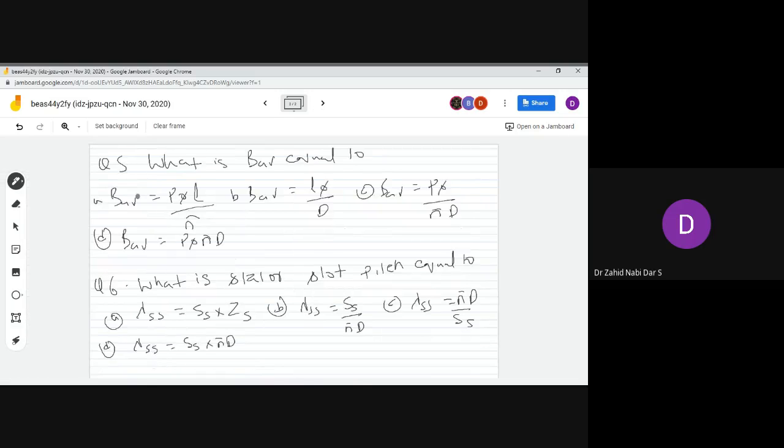This is the fifth question: what is the average flux density equal to in terms of flux and the other parameters, that is BAV is equal to P phi L by pi, BAV is equal to phi by D, BAV is equal to P phi by pi D. So let's see, these are the six questions.